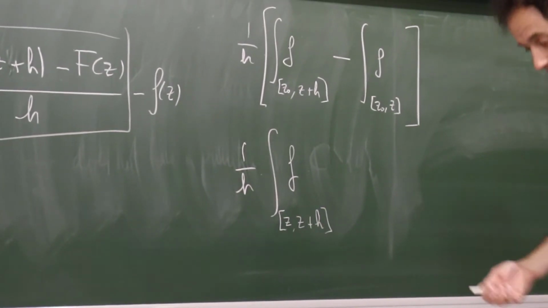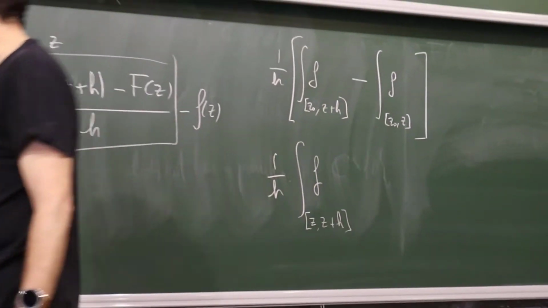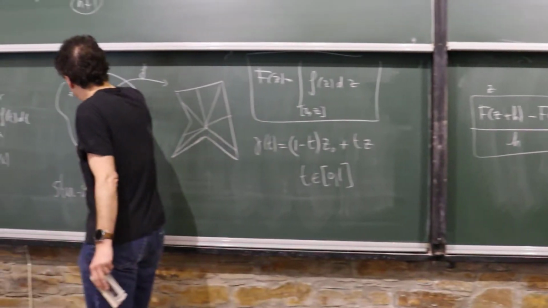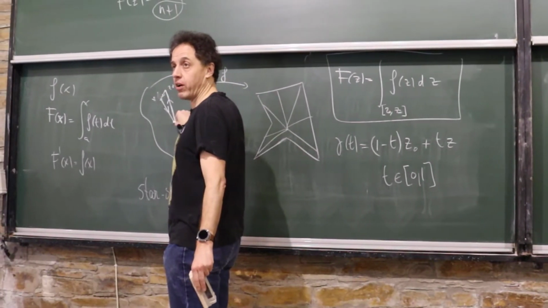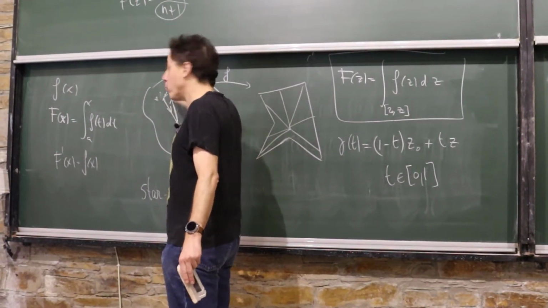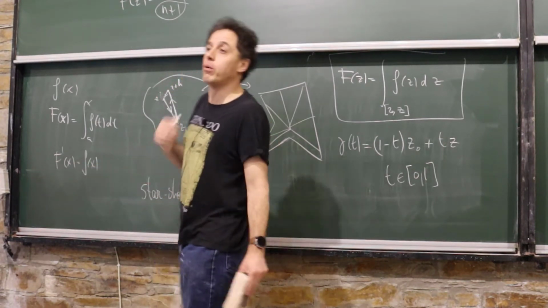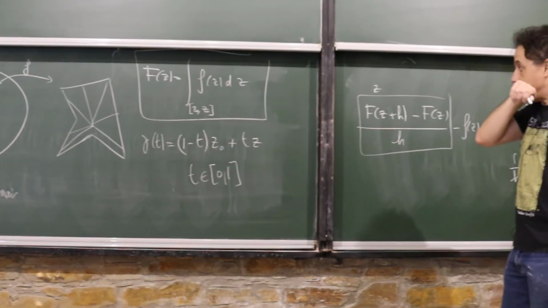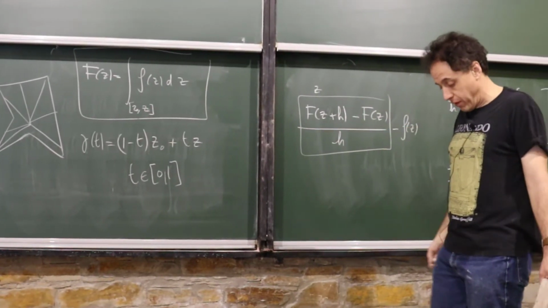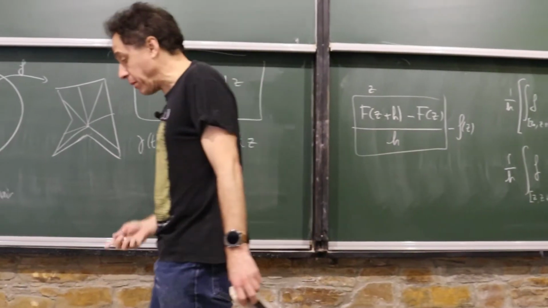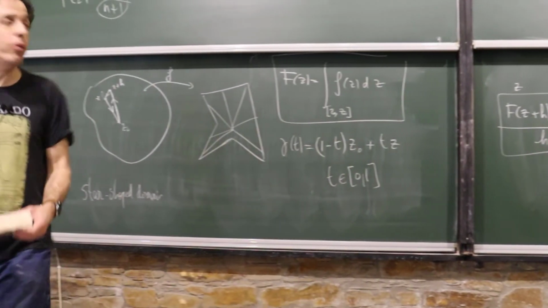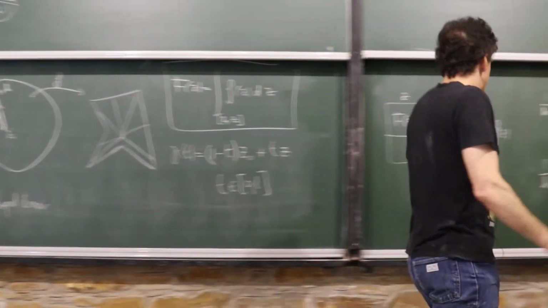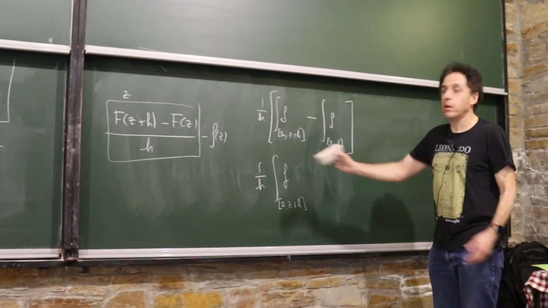In fact, if a primitive exists, this integral must be 0 along this triangle, because this is a closed path. We have said before that if a function has a primitive, the integral along any closed path must be 0, so along this triangle it must be 0.